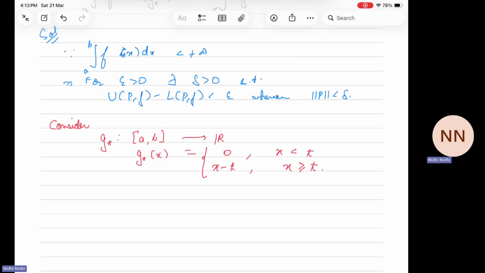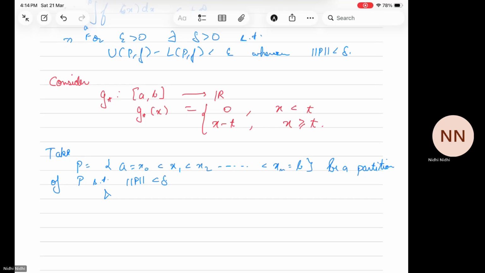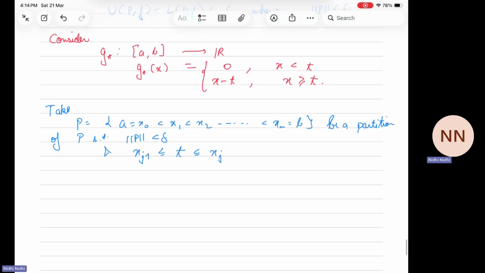Well, in that case, if we take the partition P equals x_0, x_1, x_2 up till x_n, be a partition of [a,b] such that its norm is less than delta, and t is somewhere in between x_j and x_{j-1}. So x_{j-1} is less than or equal to t less than or equal to x_j.